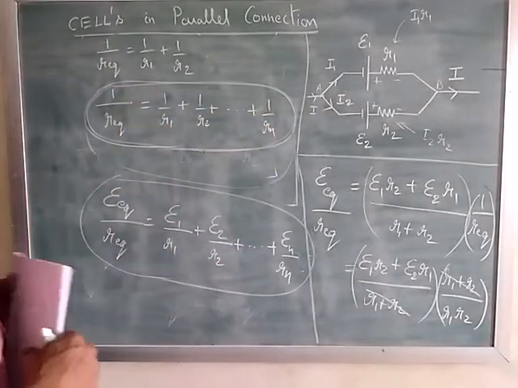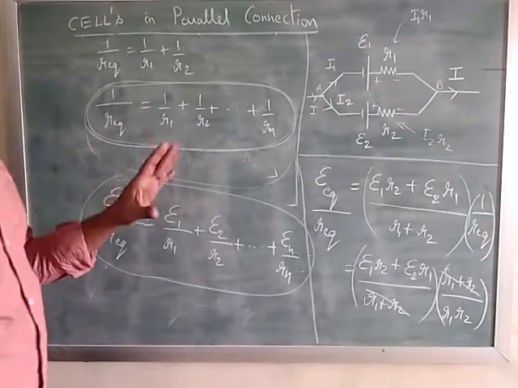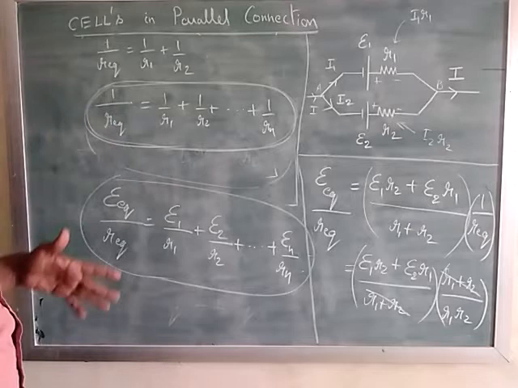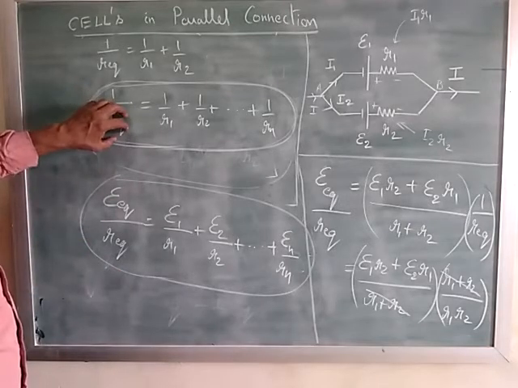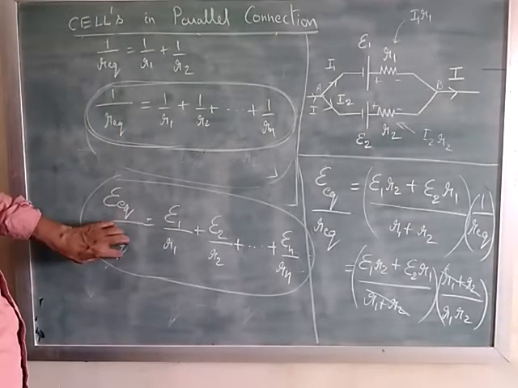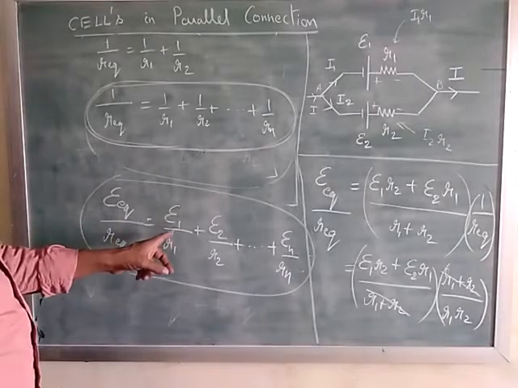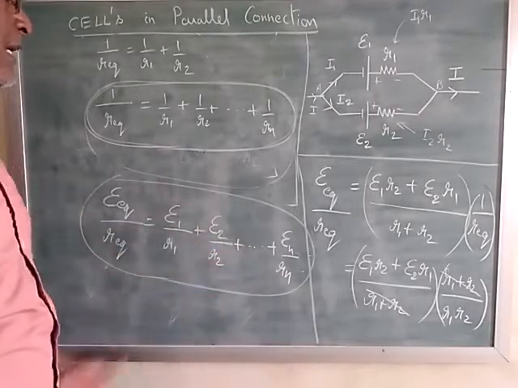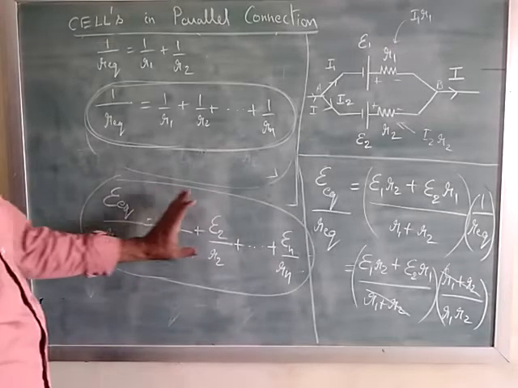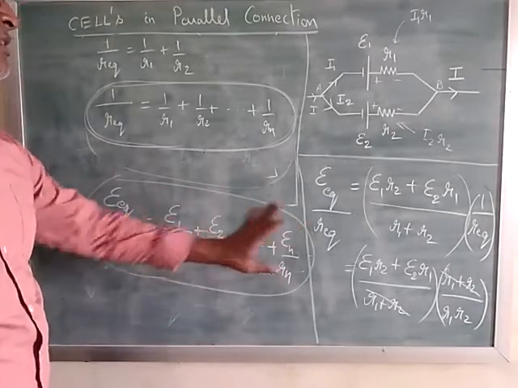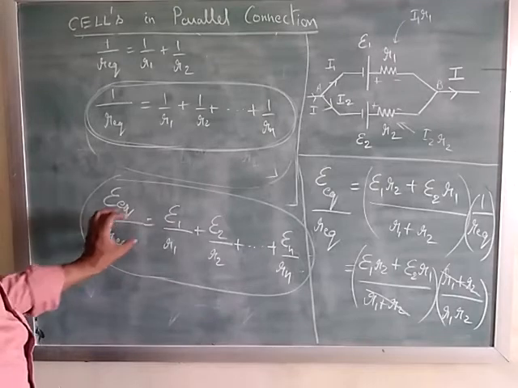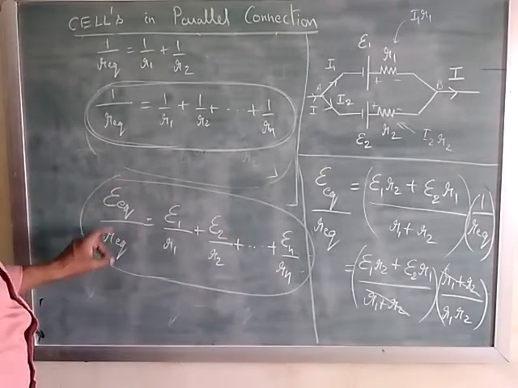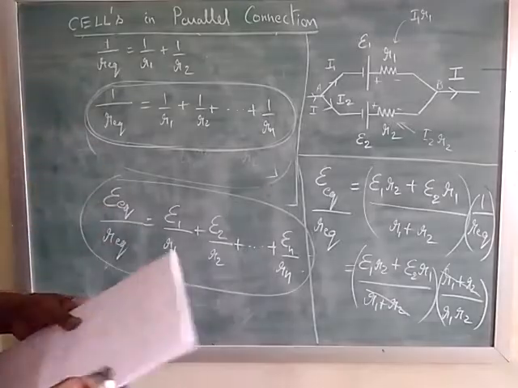Okay. So first step for solving cells in parallel connection is you find out R equivalent. This R equivalent, you substitute the value here. Then individually find E1 by R1 plus E2 by R2, likewise for n number of sources. After finding out this value, you bring this R equivalent that side. That means this value multiplied by R equivalent will give you E equivalent. Okay.